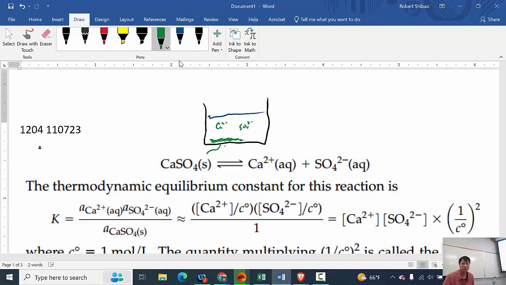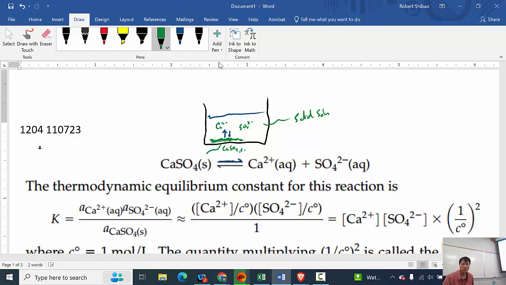This would be calcium sulfate solid. Once we hit this equilibrium, then what we say is the dissolution rate, this forward arrow's dissolution, is equal to the precipitation rate once this is a saturated solution. So it's got to be saturated. If it's unsaturated, then more will dissolve. If it's supersaturated, then more will precipitate. And so this has to be a saturated solution.